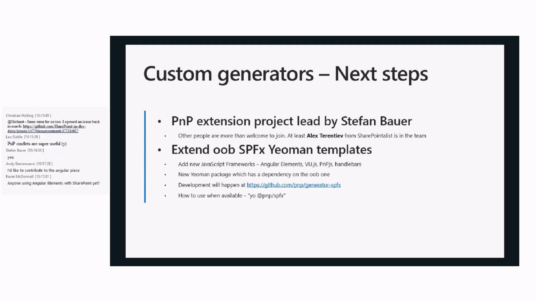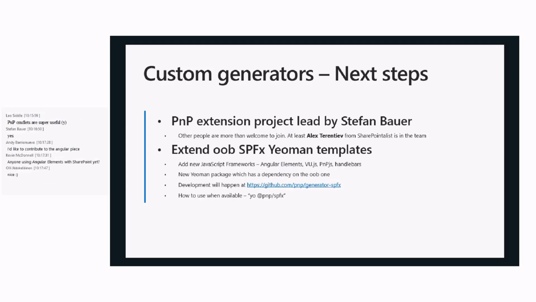Eventually, we will release an own NPM package on this one, and you install that one, which then has a dependency on the out-of-the-box SPFx Yeoman generator, and then you execute this generator, and you're able to select additional options. You're able to select Angular elements or Vue.js as the framework to be provisioned. So pretty cool. It will still require some work, obviously, because there's nothing really done at this point, but it's heading in the right direction.